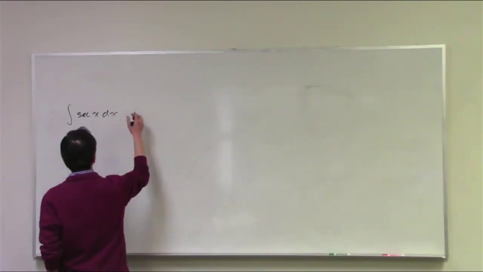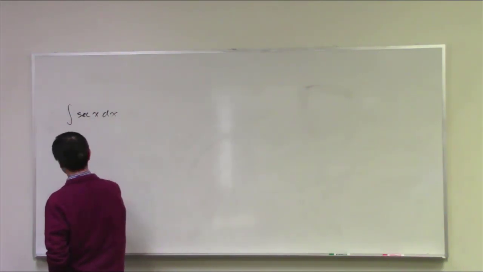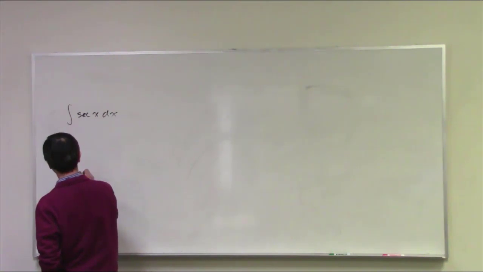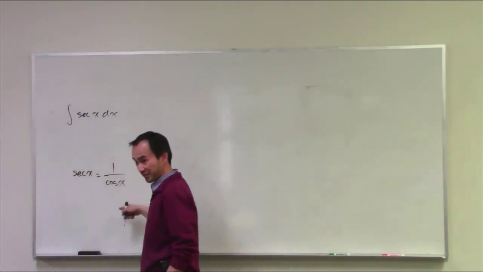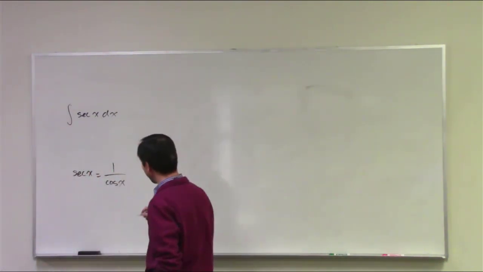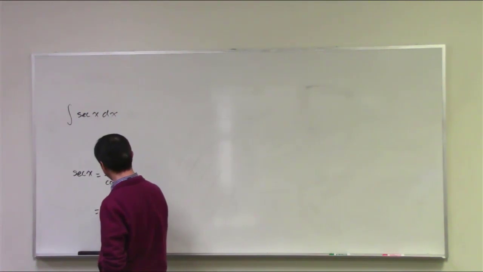Think about secant. Secant is famously known as 1 over cosine of x. And so you can purposely multiply by an extra cosine, making it cosine of x over cosine squared of x.